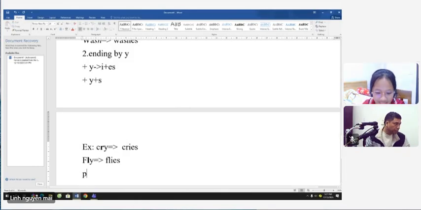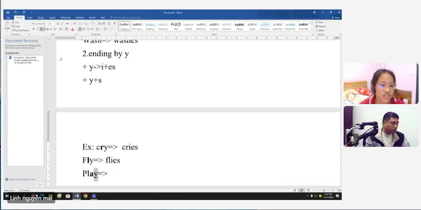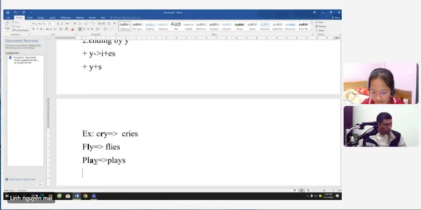Next is play. Here is different, okay? Here is the vowel, so we do not change this one. We just put the s, like plays, okay?